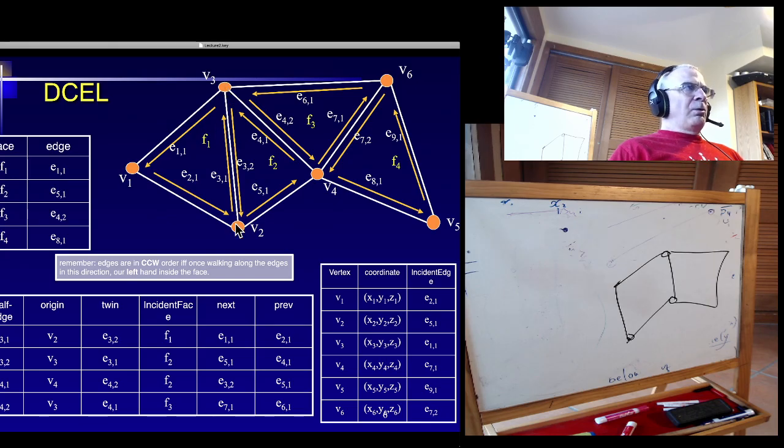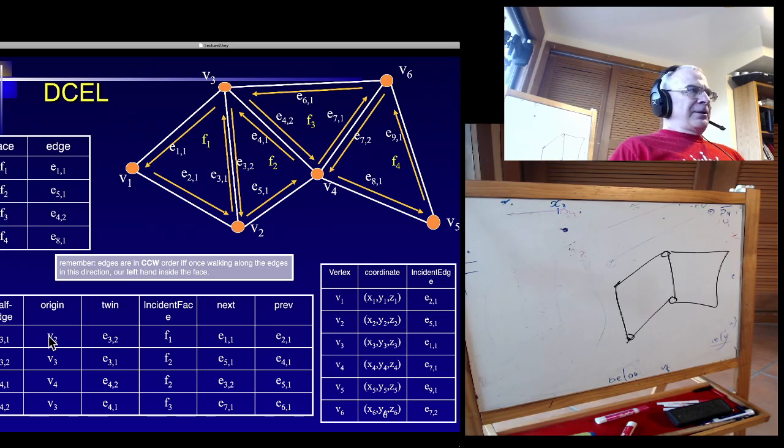If I want to know what is the destination of E31, what I'll ask is, what is the origin of the twin half edge? I can go to the twin half edge, E32, and ask what is the origin of E32, the twin of E31. That must be the destination of E31 itself. So that's already how I save some information.